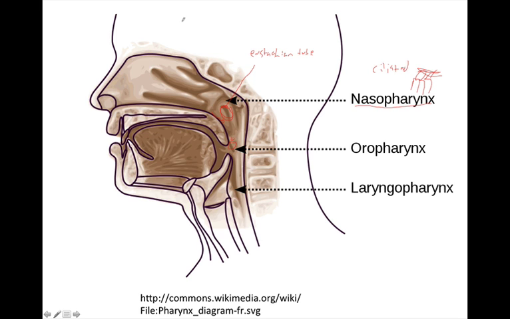All right, so remember, if you take a look at, oh boy, I'm going to attempt to draw an ear here. So if you take a look at an ear, hopefully ears don't look like this. You've got the outer ear, and then air passes through the ear canal, which is the end of the outer ear, and it hits your tympanic membrane. And then you've got your middle ear, where you've got the auditory ossicles.